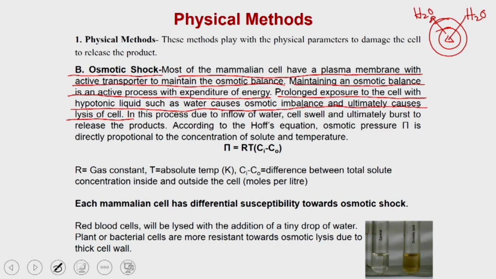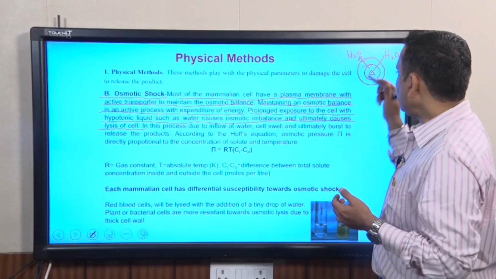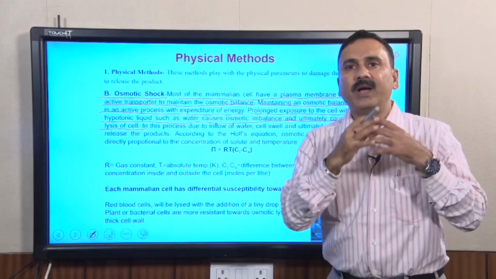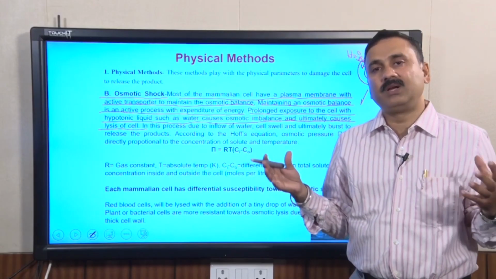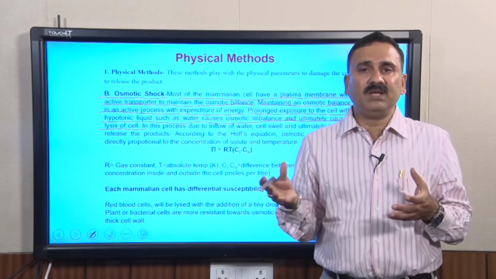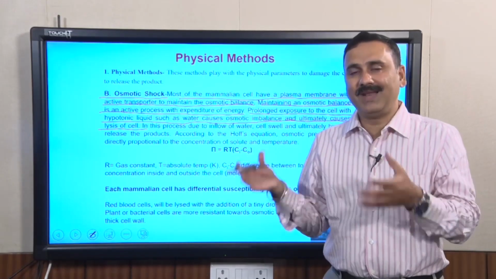Once the cell is exhausted of energy, there will be no export of water from the cell, and the cell will start acquiring water from the outside, because the outside environment is hypotonic, which means the concentration of solute is less.